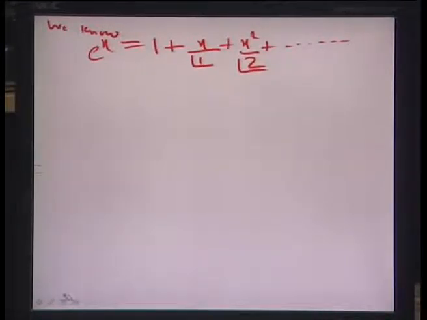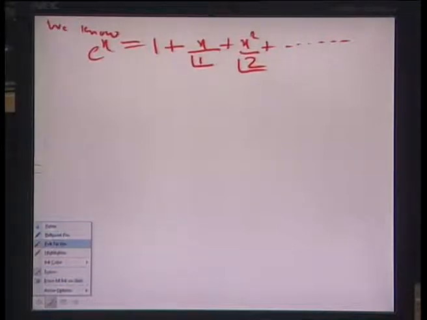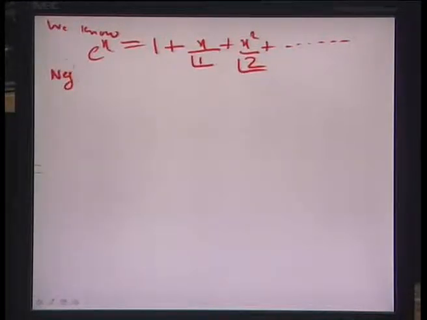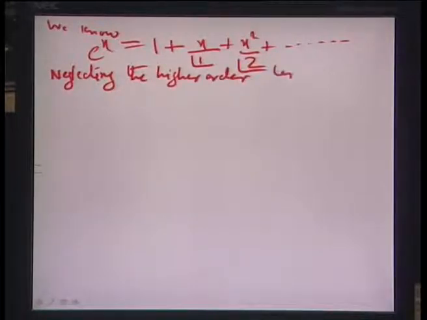So, neglecting the higher order terms, we are left with an estimation of e to the power x as 1 plus x. If we assume x to be small enough, we can really safely ignore the higher orders.